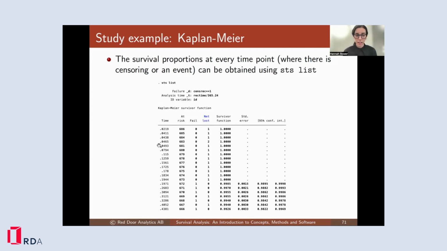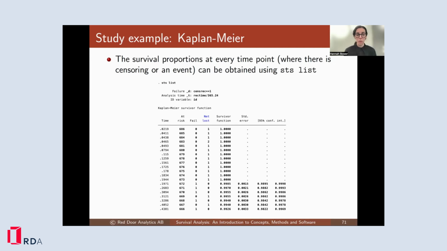If we continue down our list here, you can see that the first, how many observations is that, maybe 10 observations do not have any failure. So we have the same survival function for a little bit of time up until 0.19 years, at which point we actually do observe a failure.